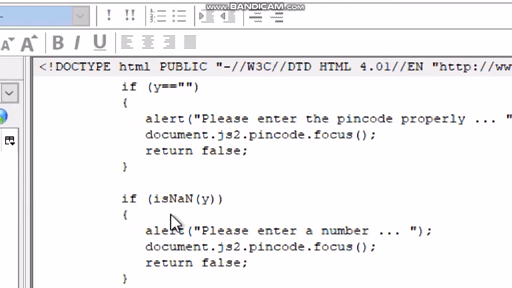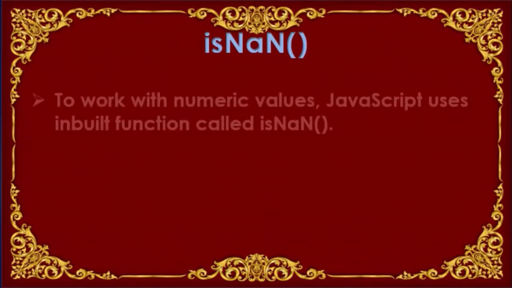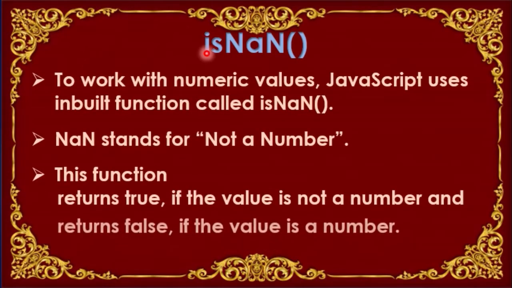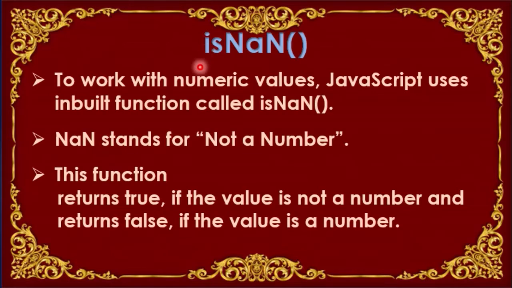Now next, this JavaScript is using the isNaN function. Now we will see what the isNaN function is. To work with numeric values, JavaScript uses an inbuilt function called isNaN. NaN stands for not a number.